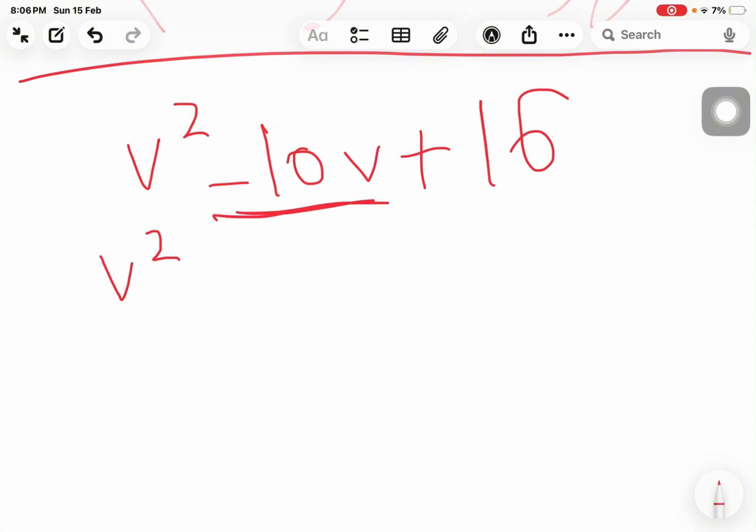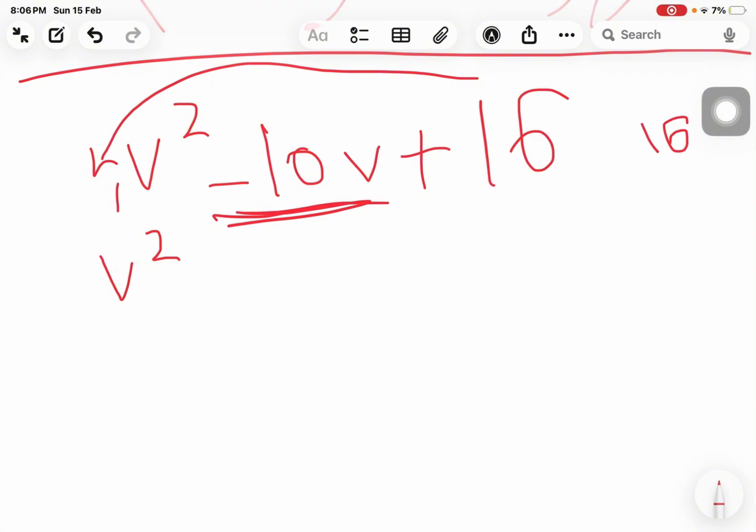Negative 10v, that's very important. I was just about to forget that. Negative 10v. 16, as always, times by this number, which is nothing, so it means 1. So 16 times 1 is 16.